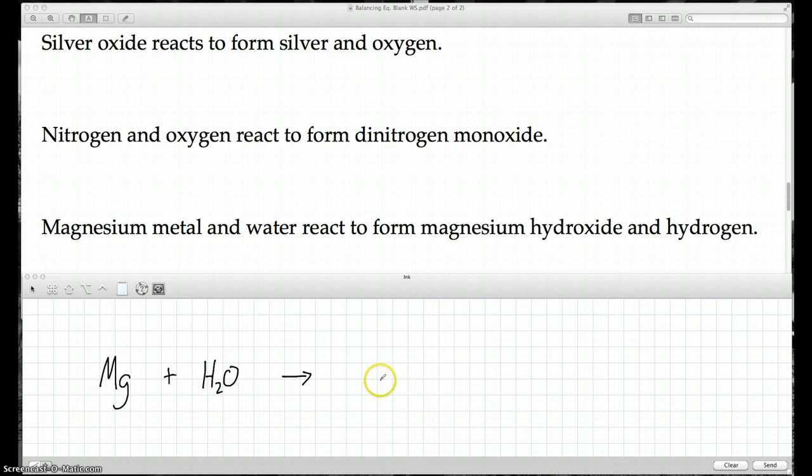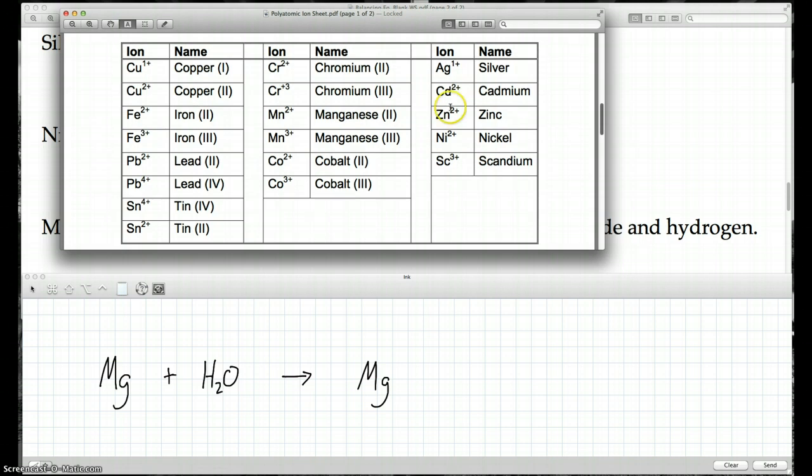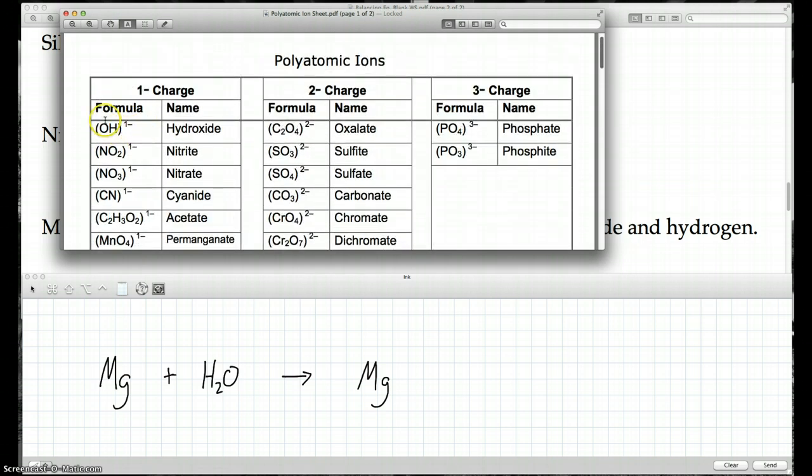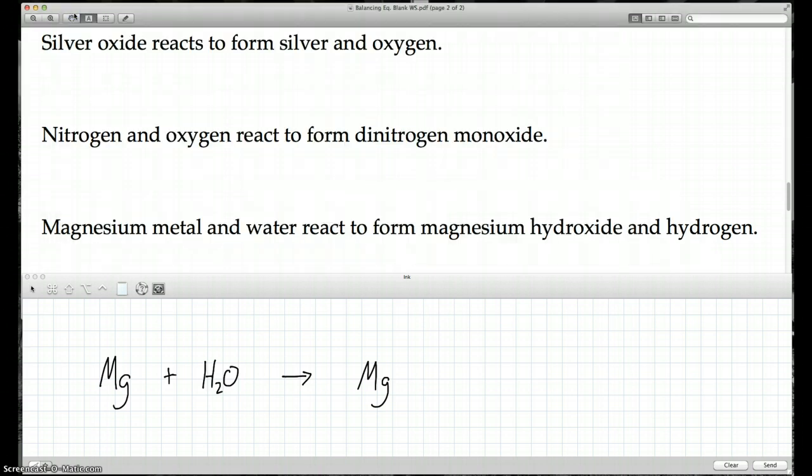Magnesium hydroxide. Now, there's no "and" between those two things, so it's a compound. Mg is magnesium. And hydroxide, if I look at my polyatomic ion sheet, is OH, with a minus 1 charge.